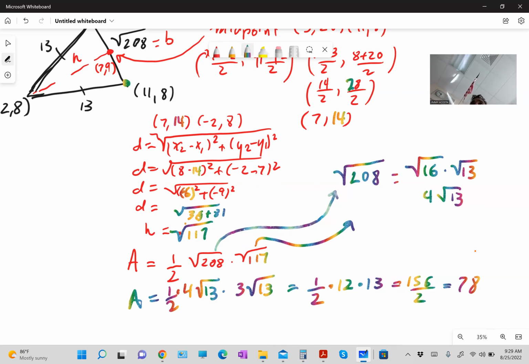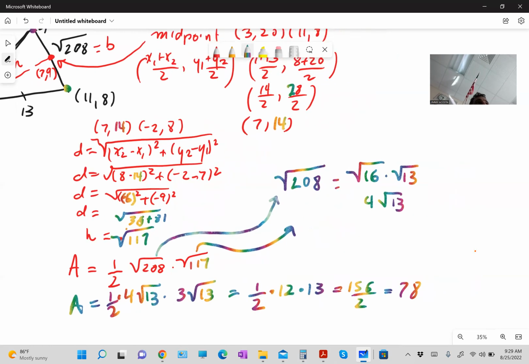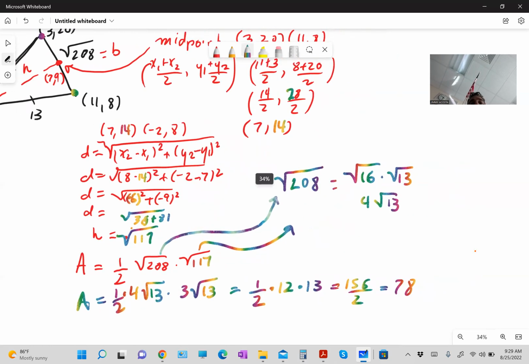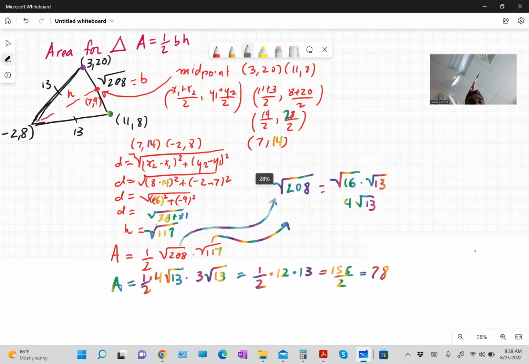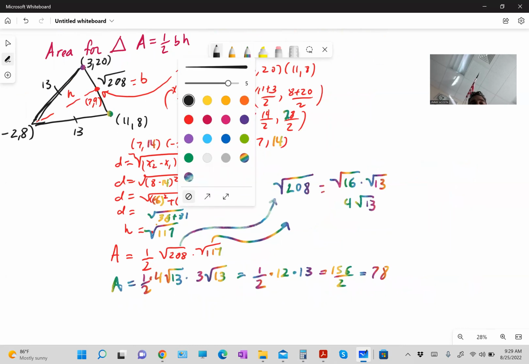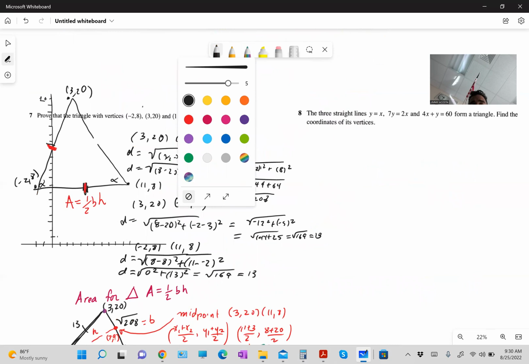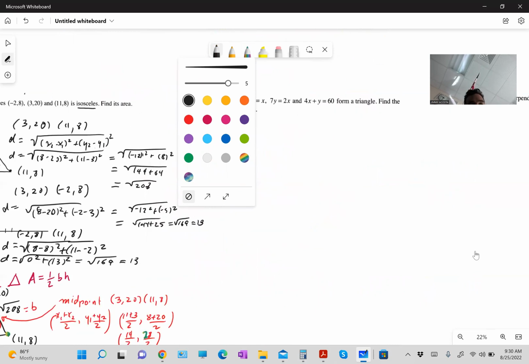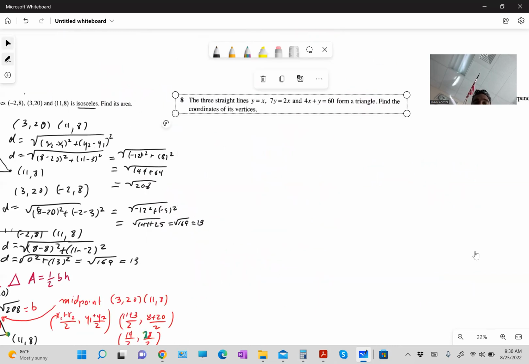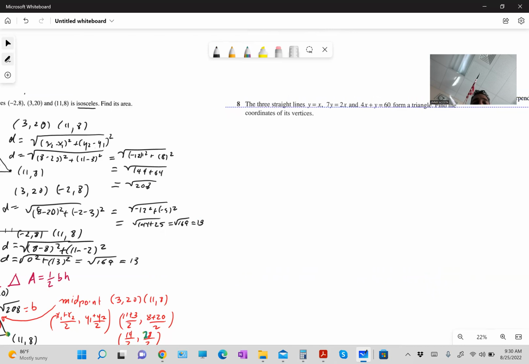So the thinking is still correct, right? It's just numbers. What's important here is the thinking, the strategy, can you put the puzzle together? Okay. So let's do the next one. Any questions or concerns on this one? What was the more difficult part?